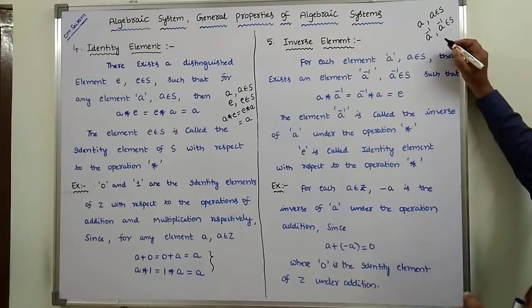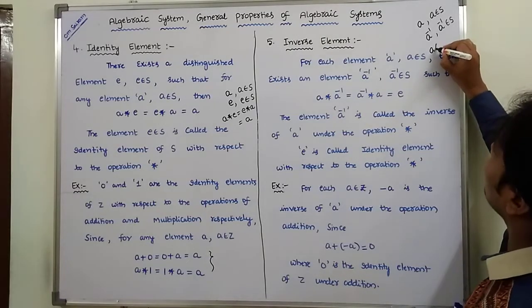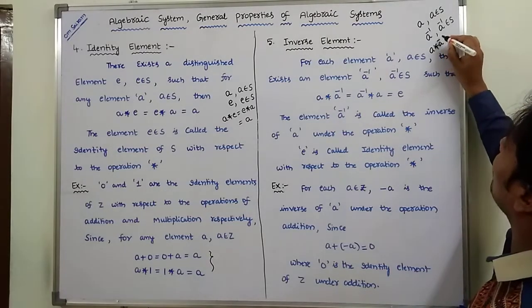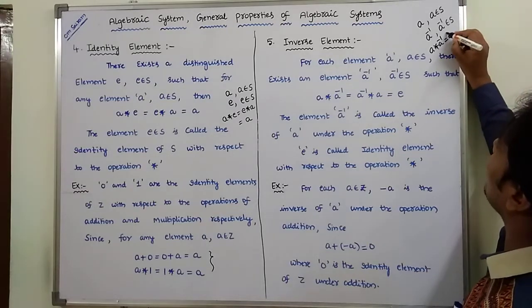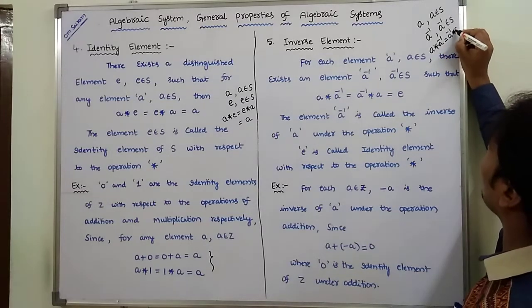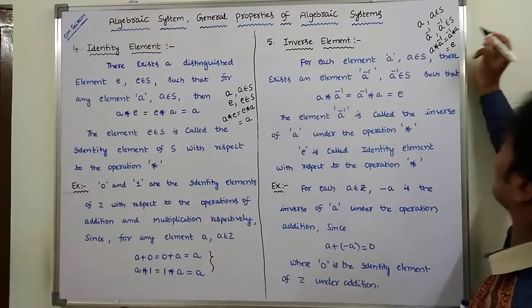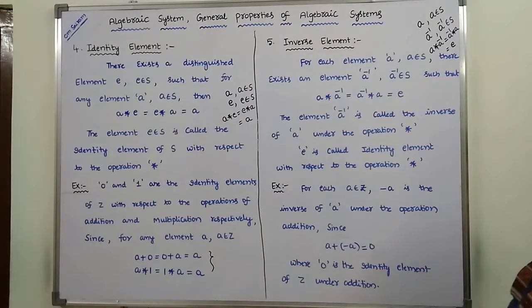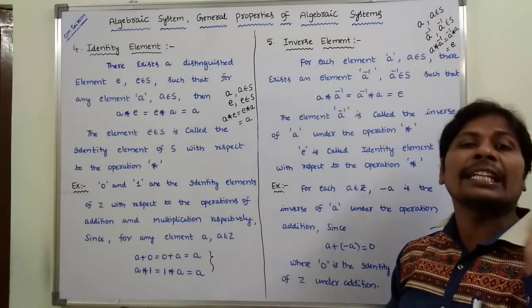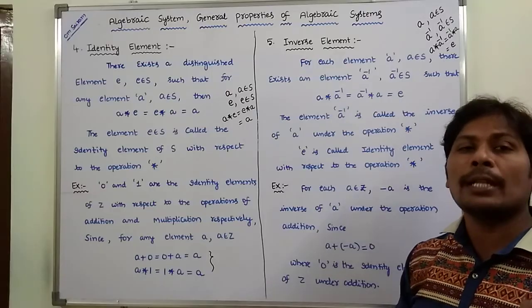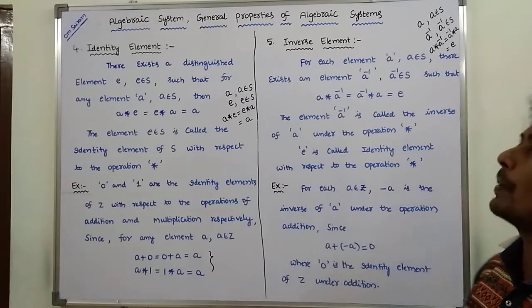Then it must satisfy the condition A into A inverse is equal to A inverse into A is equal to E. Here E is called the identity element with respect to the multiplication operation.